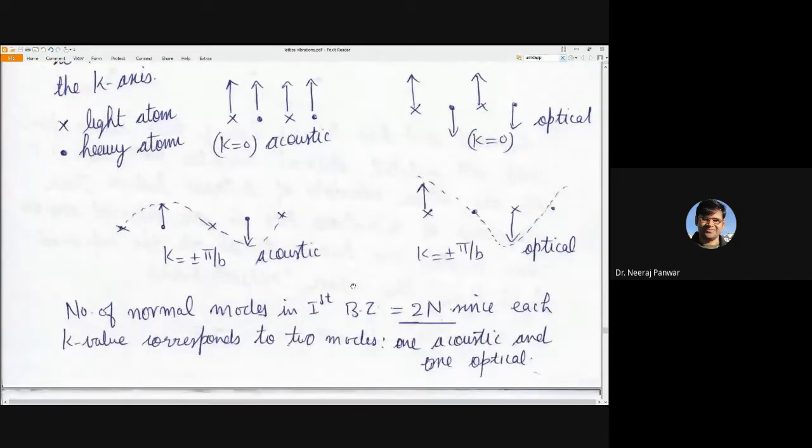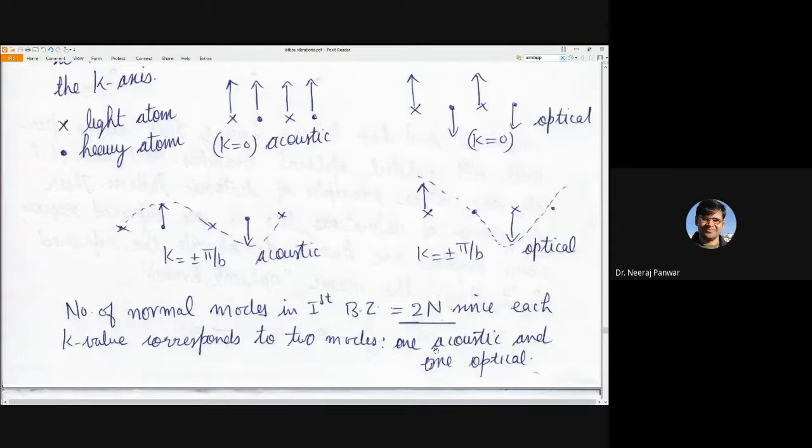The number of normal modes in the first Brillouin zone would be 2n, since each k value corresponds to two modes, one acoustic and one optical. So in the one-dimensional monoatomic chain, we have n normal modes.